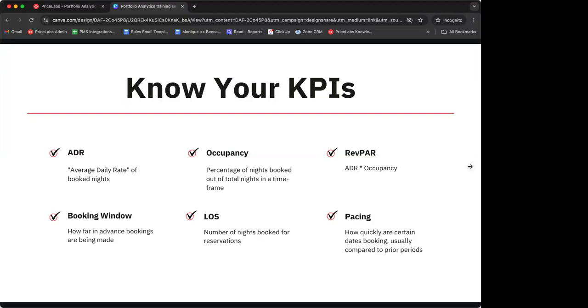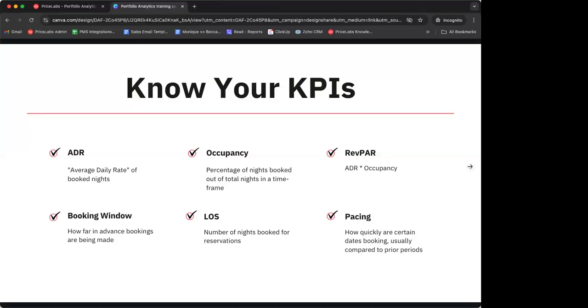RevPAR is an interesting one. So RevPAR combines ADR and occupancy to give you a full picture of how your property is performing. When you're looking at just ADR, you're only getting the average daily rate for listings that are booked for the specific period. Like I said, that example of having a $500 ADR for Christmas week, that's a great ADR.